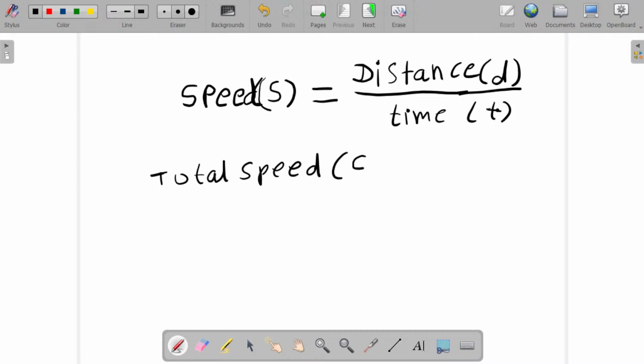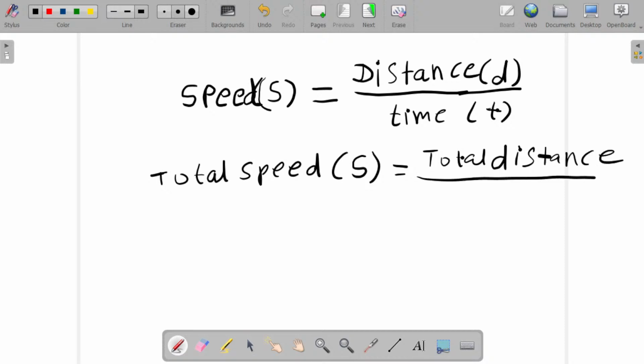Let's represent it as capital S, total distance upon total time. These two formulas will be very useful, and almost 90% of questions, or maybe even 100%, will be solved by these two formulas.